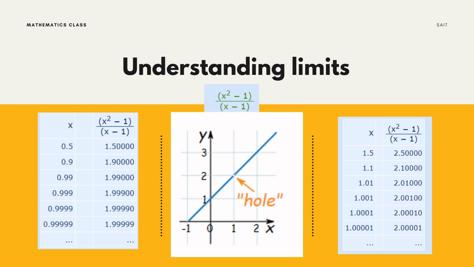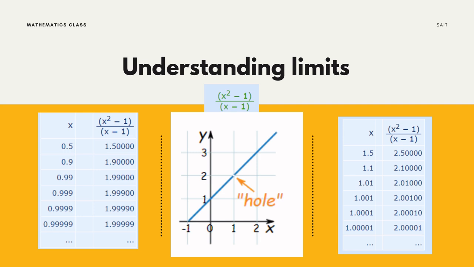So we want to approach it from either side, right side and left side, and evaluate the right limit and left limit, and see if the two values are equal or not. The point of discontinuity is at 1, so I approach it from the left, starting from 0.5.